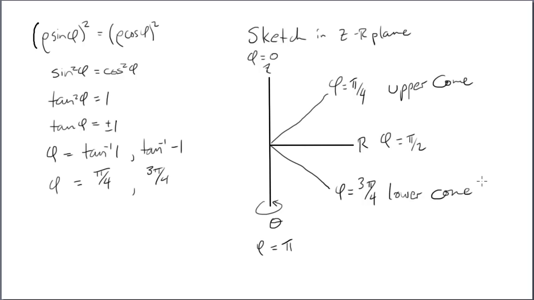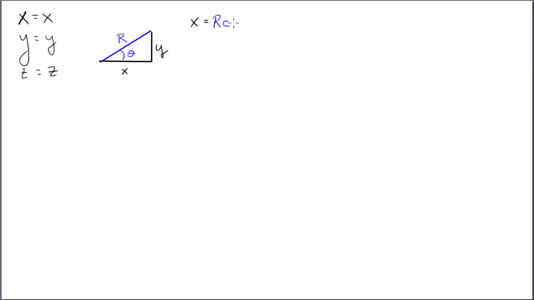Before we launch into parameterization, I want to review change of coordinates again. So when I write x equals x and y equals y and z equals z, what I'm saying is nothing's happening. When I draw this triangle, now we're going to convert x's and y's into r's and thetas. This is giving me a transformation.